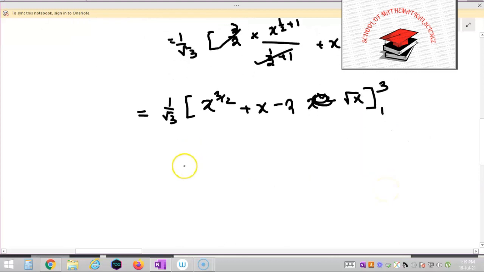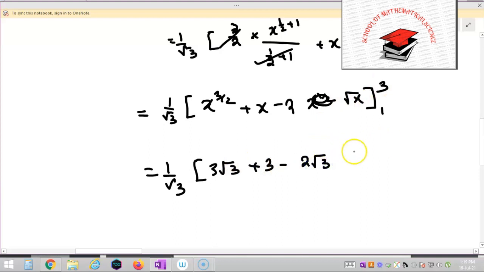So 1 by root 3, if I put x equal to 3, it will become 3 root 3 plus 3 minus 2 root 3, and if I put x equal to 1, it will become 1 plus 1 minus 2.